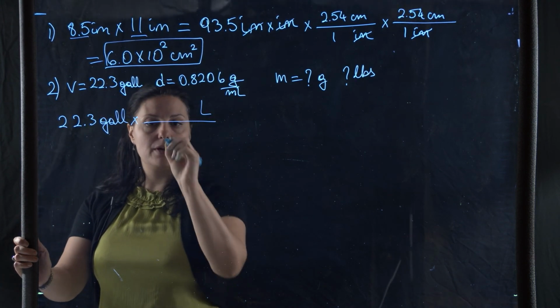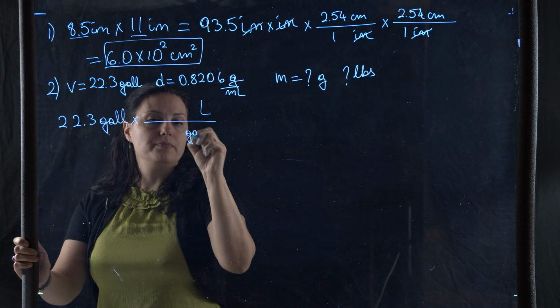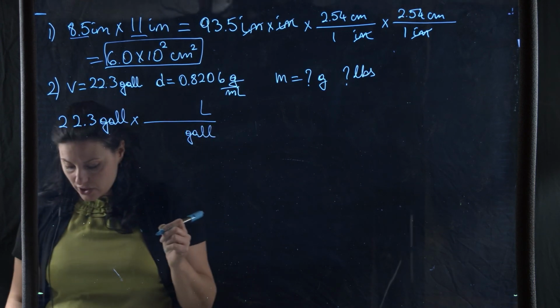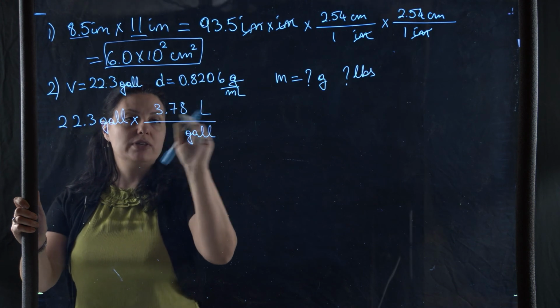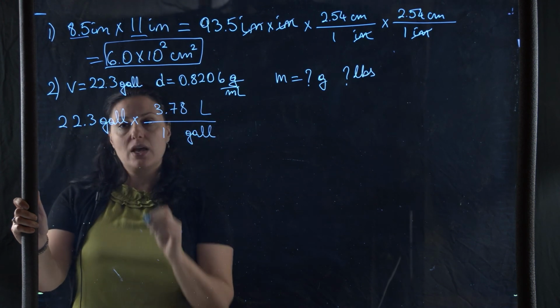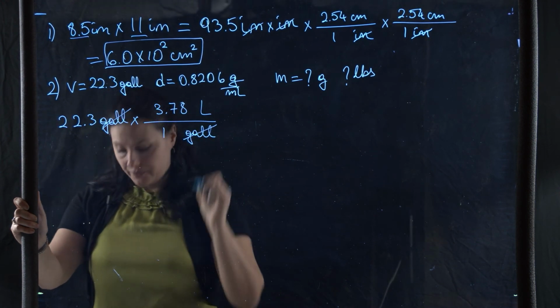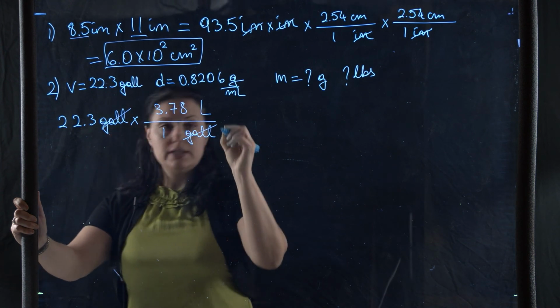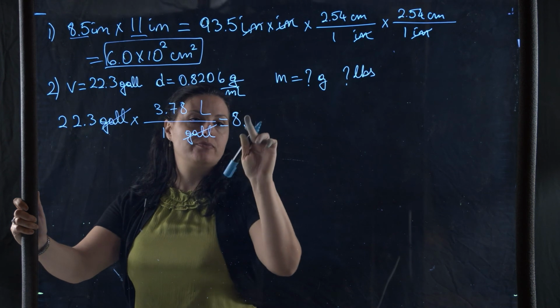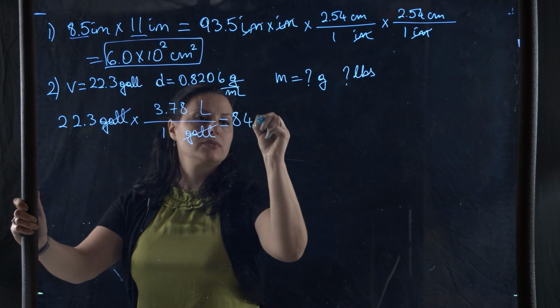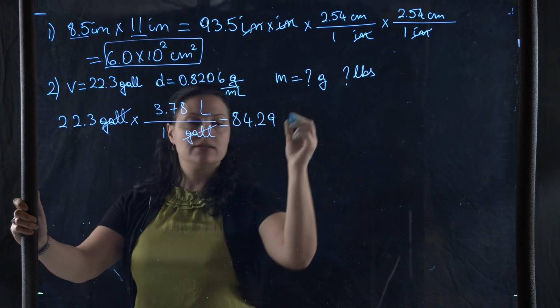My conversion factor is 3.78 liters in 1 gallon. My gallons will cancel, and I'm left with liters, which turns out to be 84.29. Once again, I will round at the end.